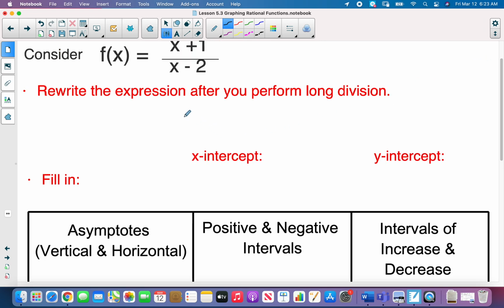Okay, so this has to be rewritten using long division. So let's do that over here. We're going to divide x plus 1 by x minus 2. So x goes into x one time. x times 1 is x, and 1 times negative 2 is negative 2. You subtract, and you get a remainder of 3.